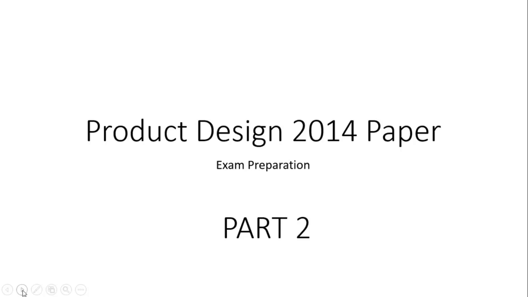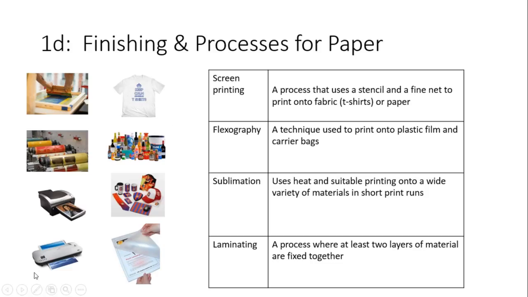Okay, so let's progress. Question 1D will carry on the theme of paper and card, and it will ask you about different processes for finishing off the surface of paper, or adding some kind of print to the surface to decorate it or embellish it.